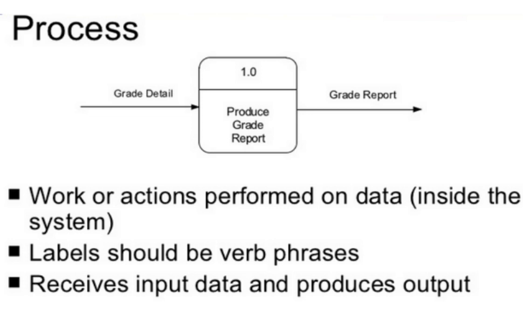The label inside the process should be a verb phrase. Note that here it is written as produce grade report. It is a verb phrase, and it receives input data, grade detail, and produces output, that is, grade report.